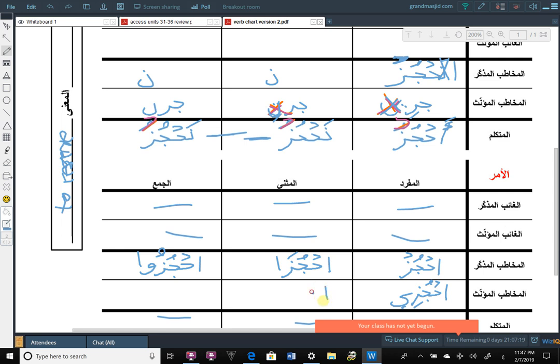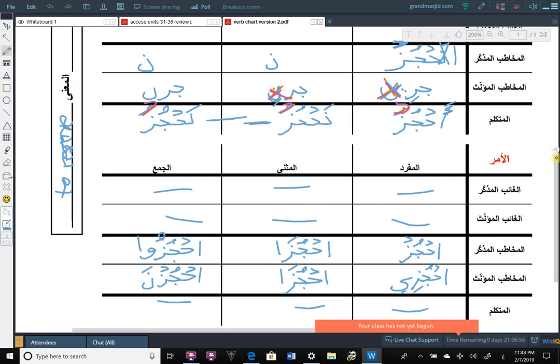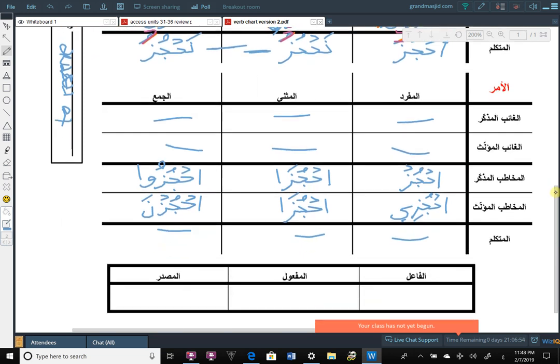And then here again, juza, mabni ala hadhf an-noon. And juzna. We just say mabni ala fath here because it's always going to have that fatha there. Juzna. Right? So I was saying there was majzoom and not mabni.